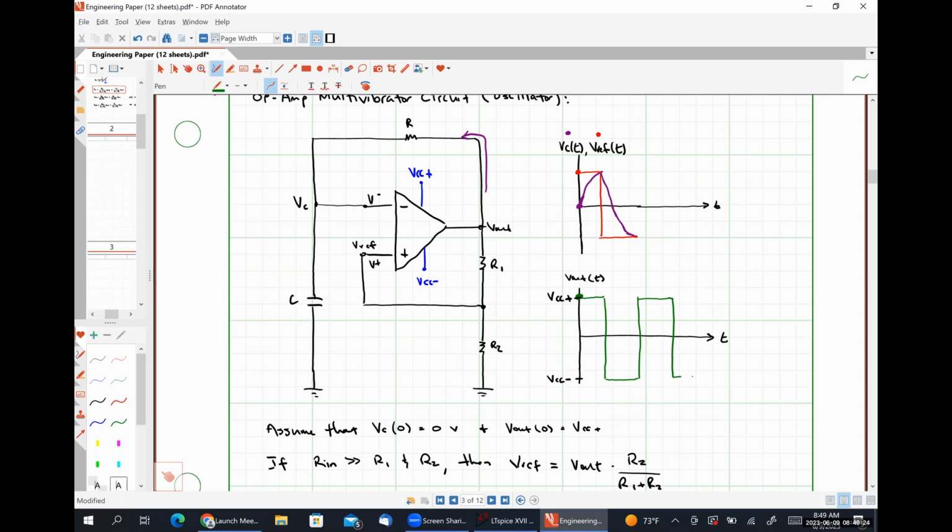Our capacitor voltage is always chasing the reference voltage, and the reference voltage is always a scaled version of our output voltage. So we'll just draw this.